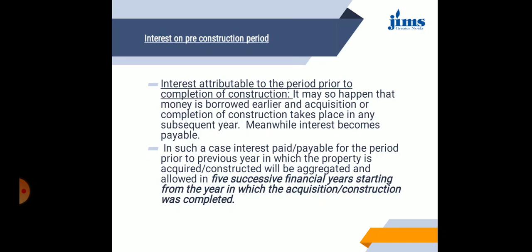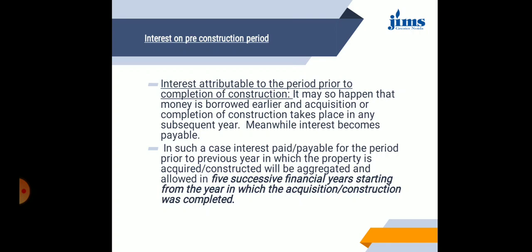For example, Mr. X took a loan of rupees 3 lakh in April 1999 from the bank for construction of a house on a piece of land which he owns at Meerut. The loan carried interest at the rate of 15% per annum. The construction was completed in April 2001 and the house was given on rent from May 2001.